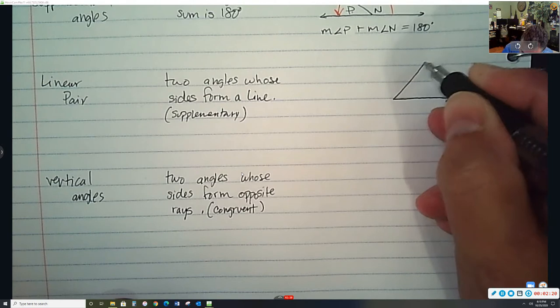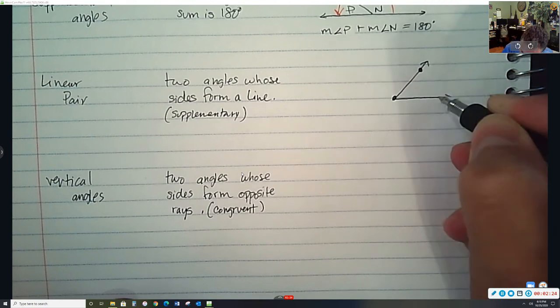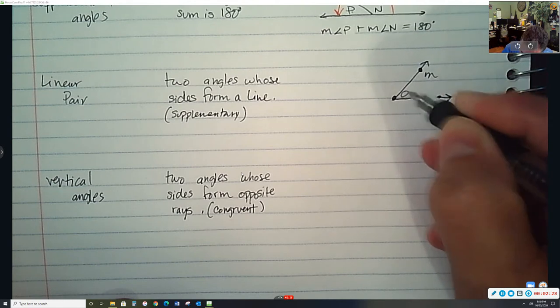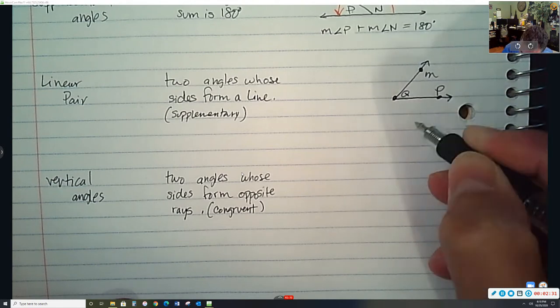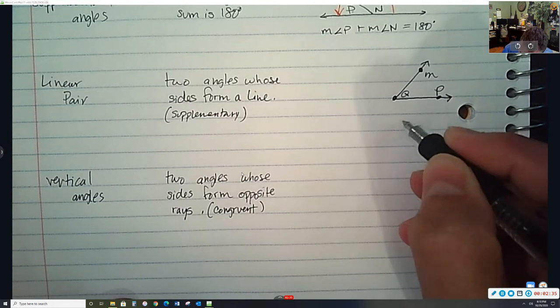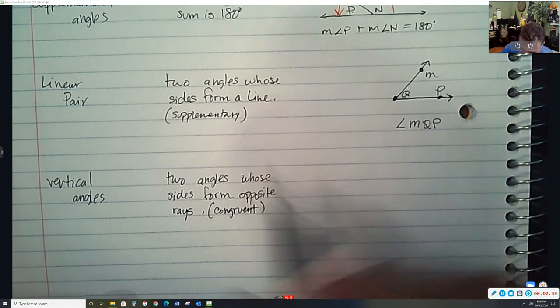So here's one angle, and I'm going to name it using three letters. M, I don't know, let's call this guy Q and P. So that's angle MQP.